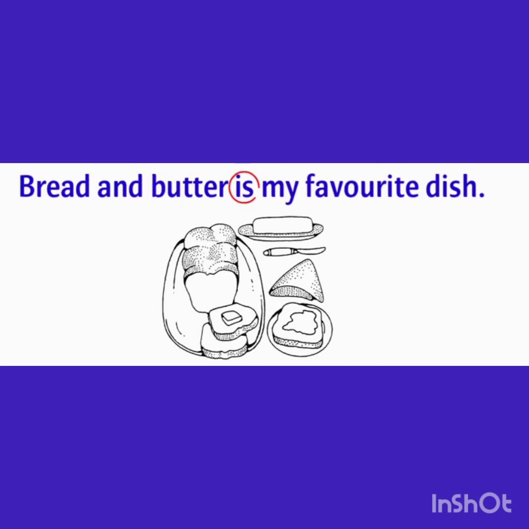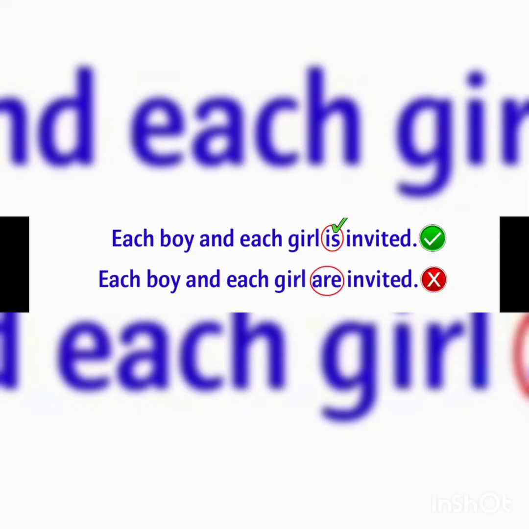Now let's move forward. Now dear students, let's move to another rule. Whenever two singular subjects are connected with this word "and", and before any of the subjects there is a word like each, every or no, then we always use a singular verb with them.